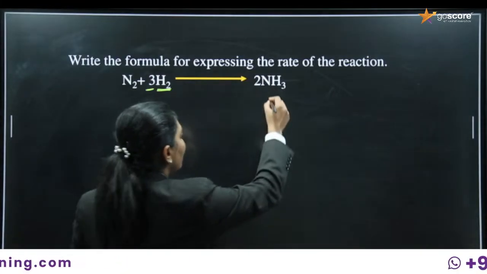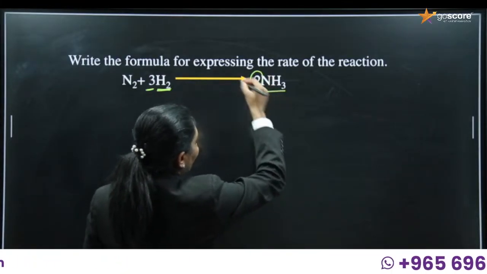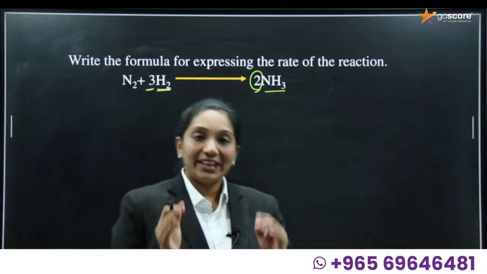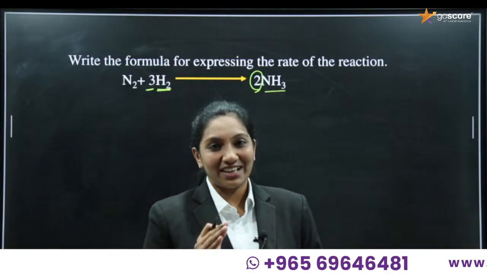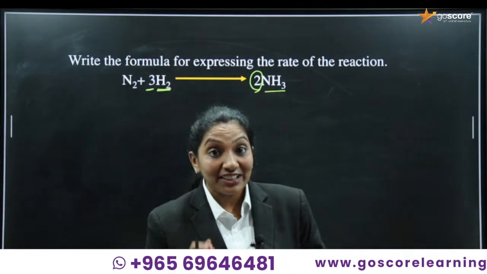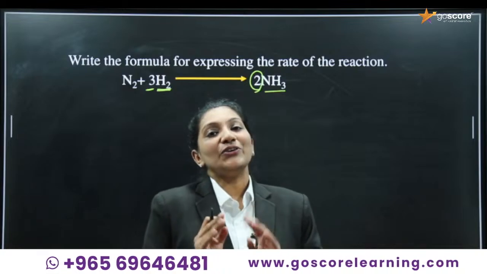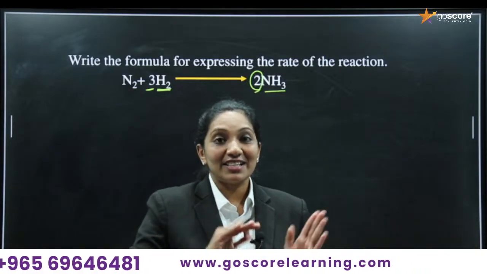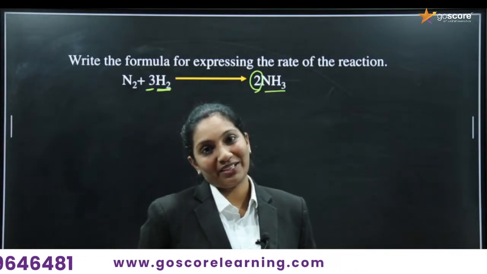And for ammonia also there is a stoichiometric coefficient 2. In a balanced equation, if there is a stoichiometric coefficient, while writing the rate of that equation, you have to take the reciprocal of that stoichiometric coefficient.